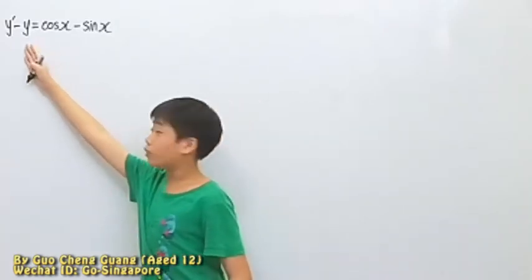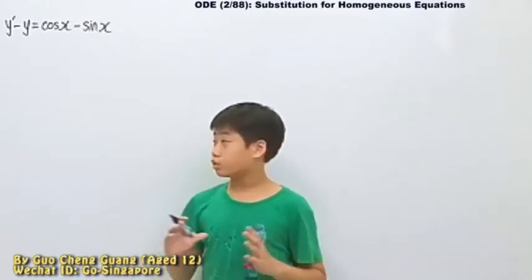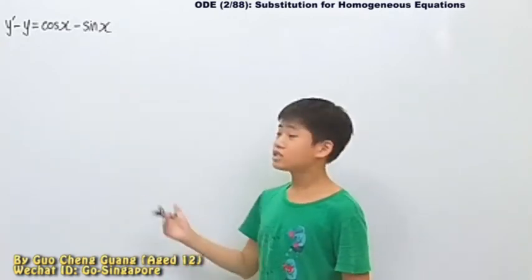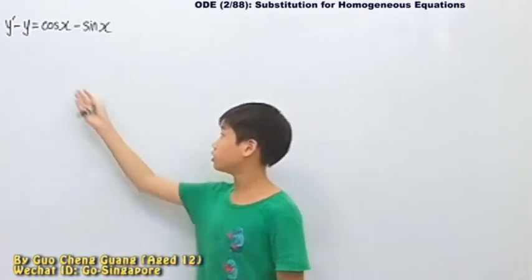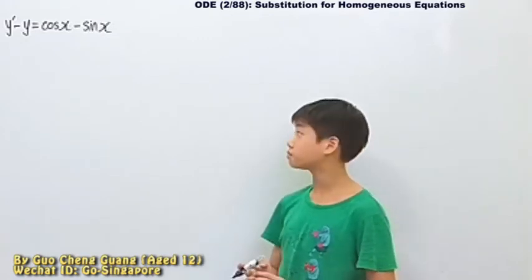This y prime, it is dy/dx. But here you have a y here. If you move this one to the other side, then the x and y will be together. So right now at first, it's not separable. But is this homogeneous? Well, you don't divide it, so it's also not a homogeneous differential equation.